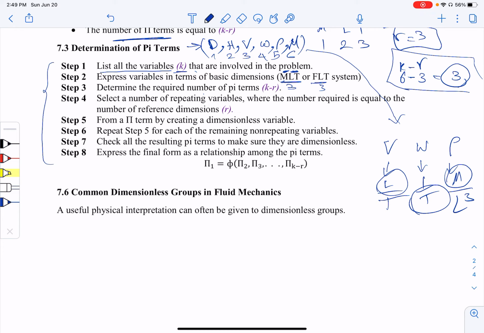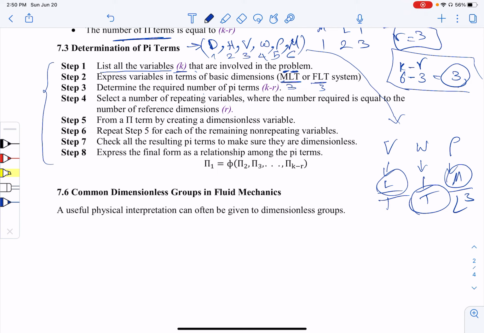Then we know that they have all of the required reference dimensions that we consider for the repeating variables, and each of the repeating variables is dimensionally independent of the others.